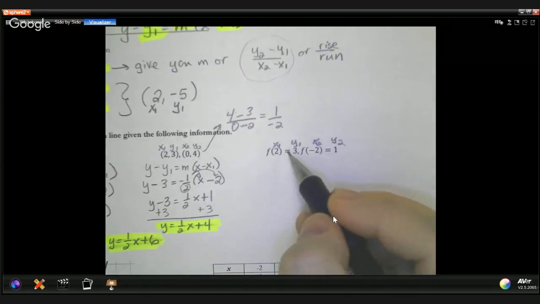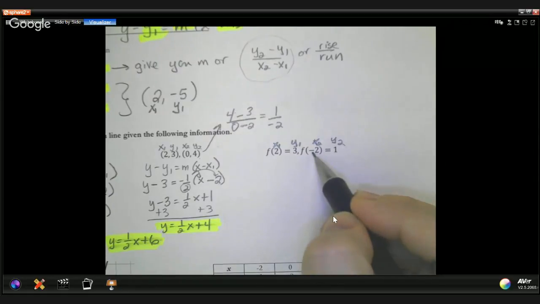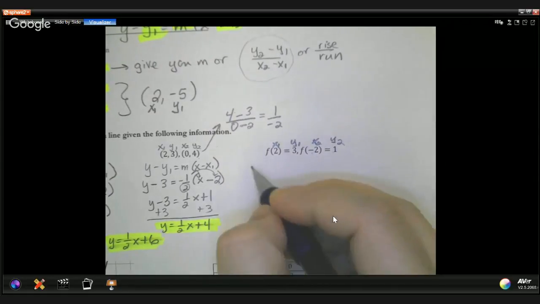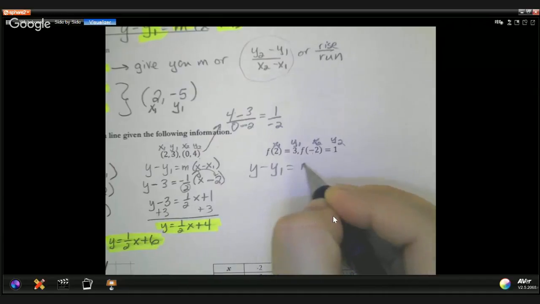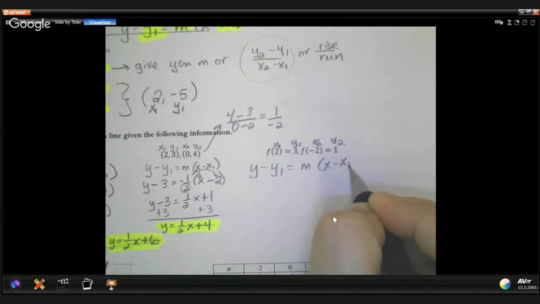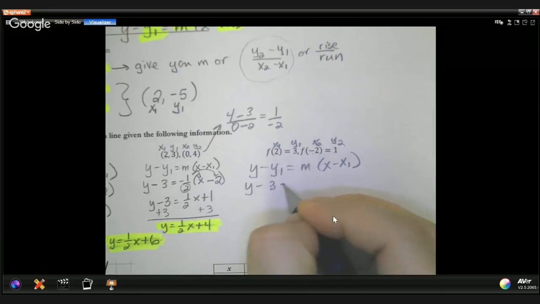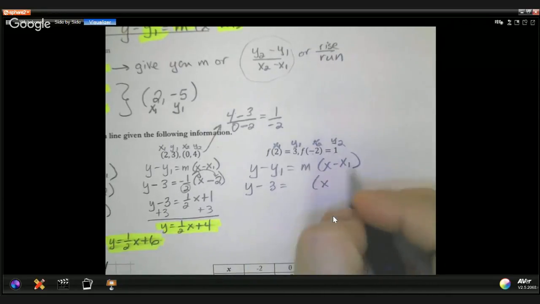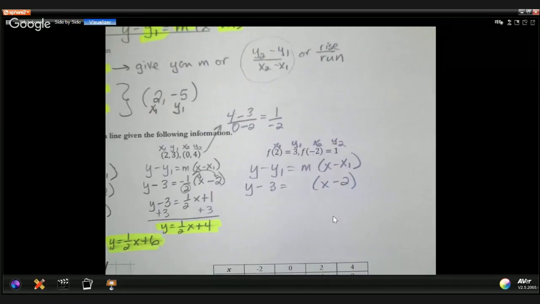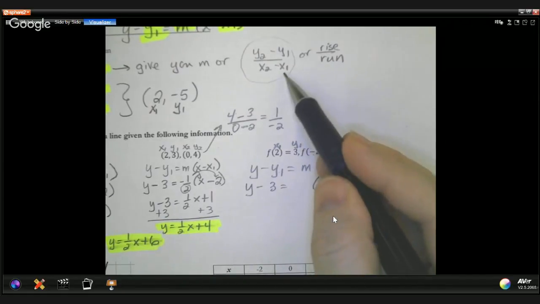When I plug in a 2, I get a 3 back. When I plug in a negative 2, I get a 1 back. So when I plug in my formula, my y1 is 3, my x1 is 2. The only thing I have to do is my slope formula again.